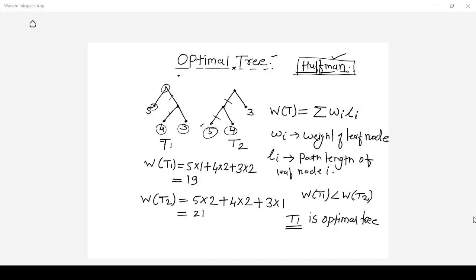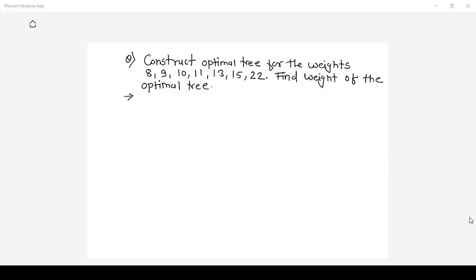So we can define an optimal tree as a full binary tree whose weight is minimum. Now let us see, using the Huffman algorithm, how we can get a tree which is an optimal one.